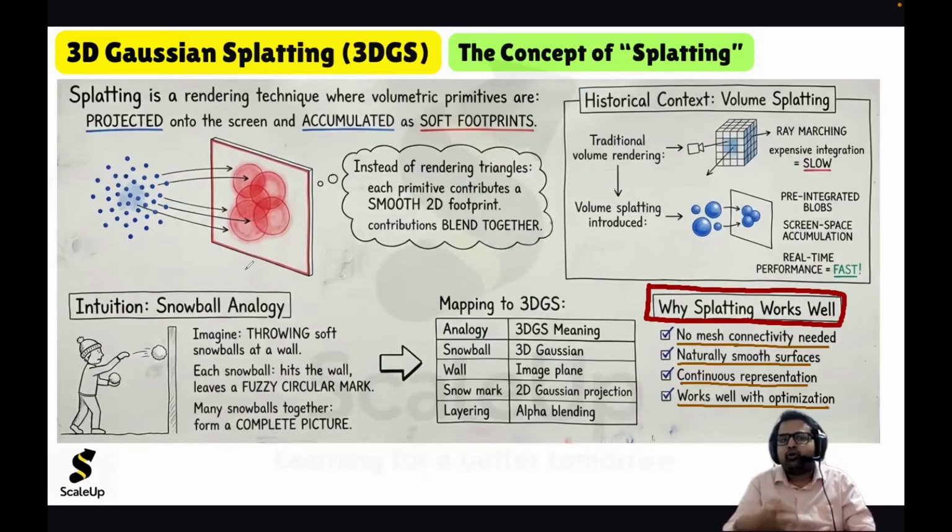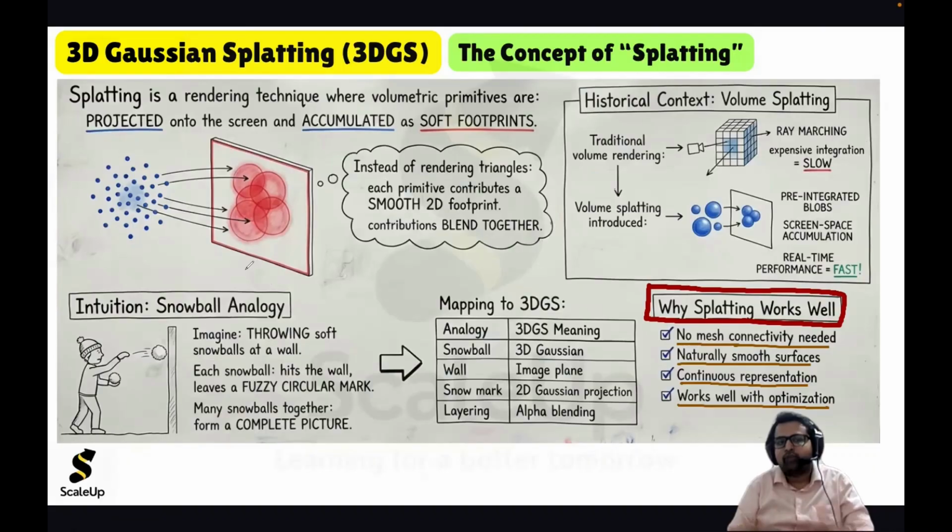We'll keep on tweaking until the rendered image is very similar to the real image. When we tweak the parameters of a 3D Gaussian, it will reflect in the rendered image. And hence, the splatting technique works very well with optimization.